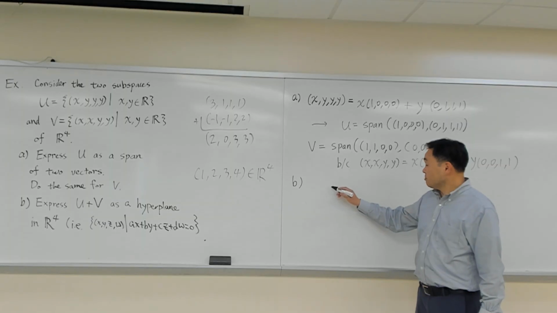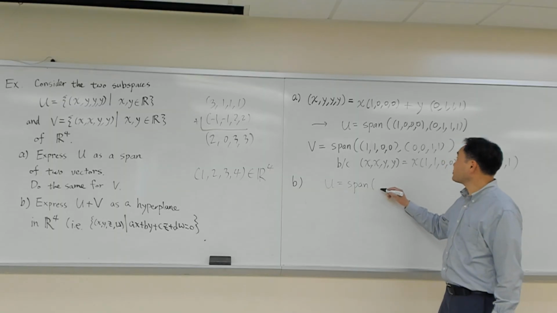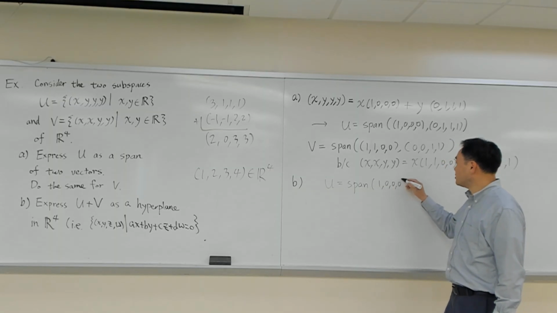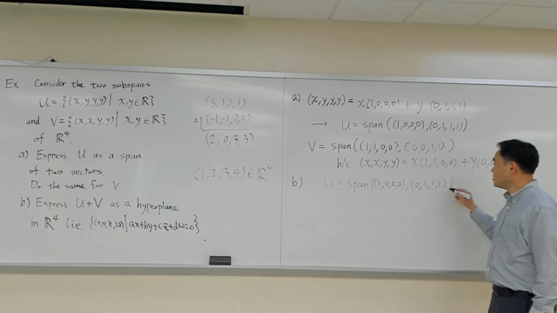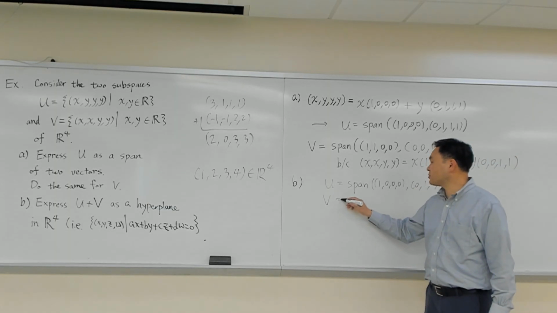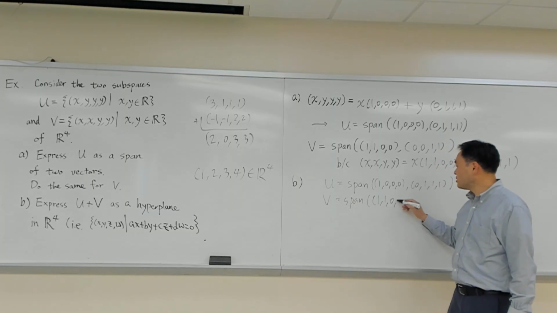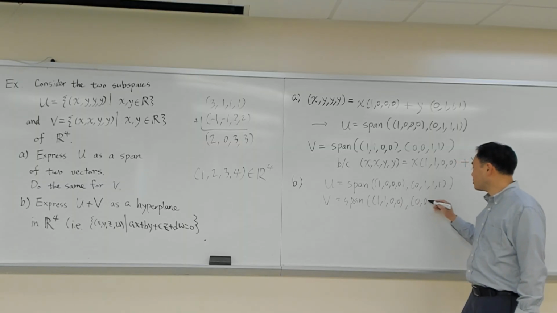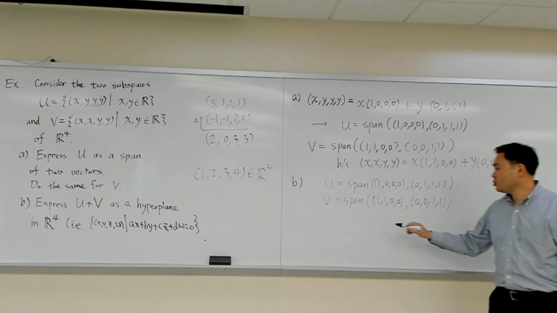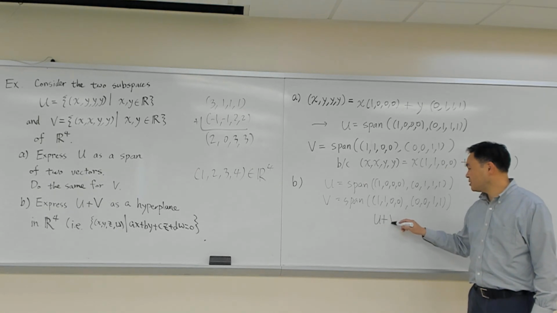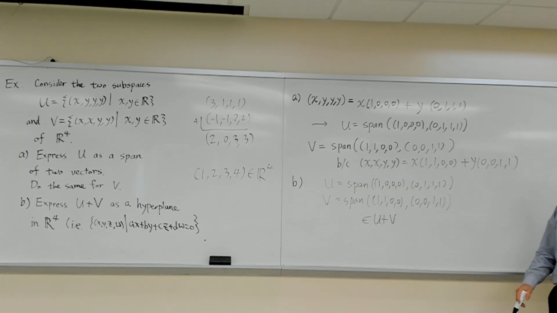Because U is a span of (1, 0, 0, 0) and (0, 1, 1, 1), and V is a span of (1, 1, 0, 0) and (0, 0, 1, 1). That means U plus V contains what vectors?